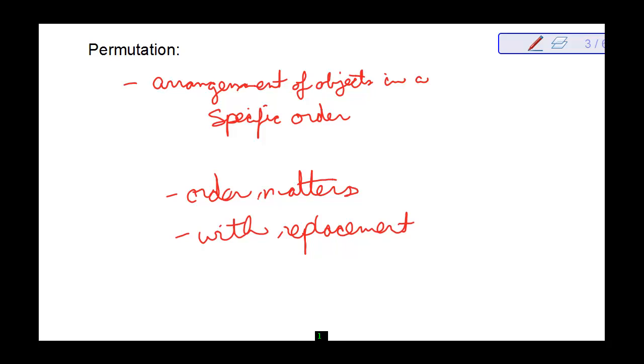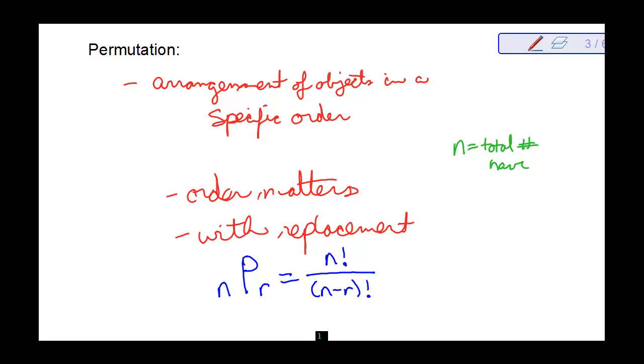The formula for this is going to look like this. nPr is equal to n factorial divided by (n minus r) quantity factorial. n is the total number of objects that you have, so the total number that you have. r is the number that you're arranging or that you're choosing.